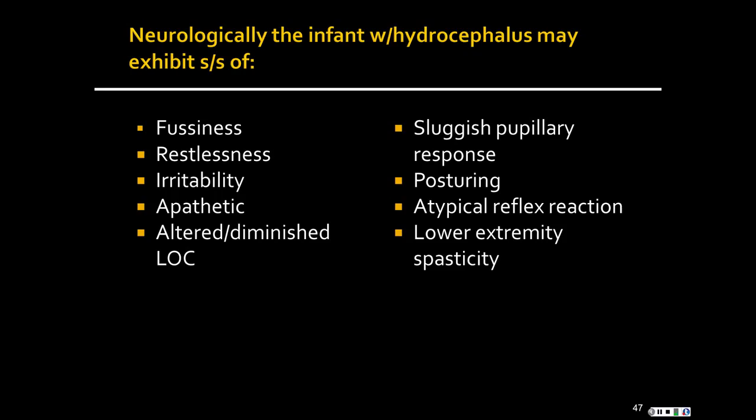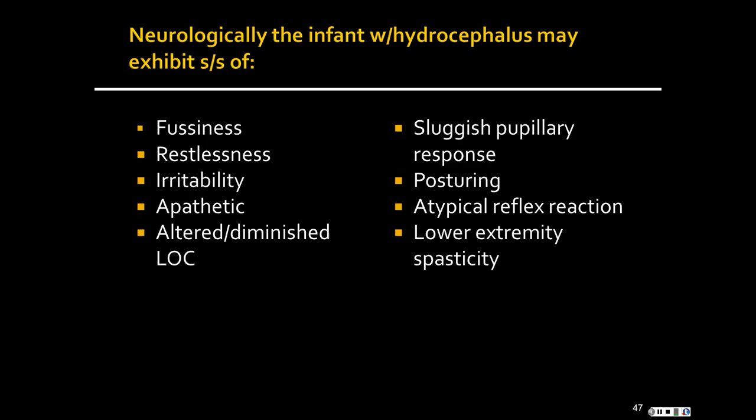Neurologically, this infant is most likely going to be fussy, restless, irritable, apathetic. They may even experience an altered or diminished level of consciousness accompanied by sluggish pupillary responses or posturing, atypical reflex reaction, lower extremity spasticity.